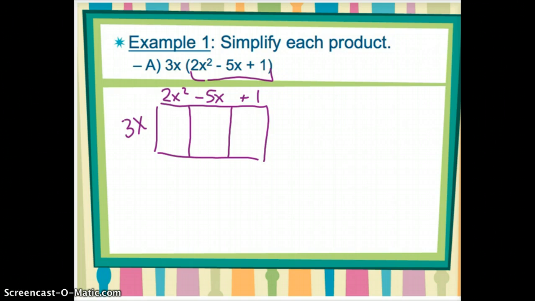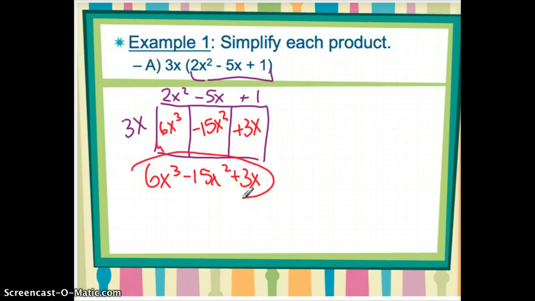To find the area of each piece, for the piece to the left, I would multiply 3x by 2x squared, so there I have 6x cubed. For the next part, I'd do 3x times a minus 5x, so I'd have a minus 15x squared. Then for the last one, I'd do 3x times a positive 1, which is just a positive 3x. Because none of these are like terms, I would write my product as 6x cubed minus 15x squared plus 3x.